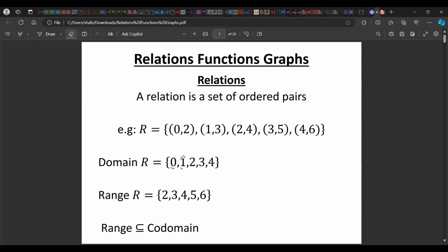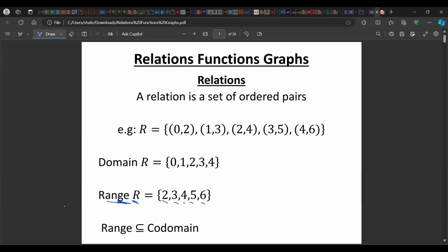Next, we have another group of numbers called the range. The range of the relation R is the set 2, 3, 4, 5, 6. This is like the output of the function or the relation machine.